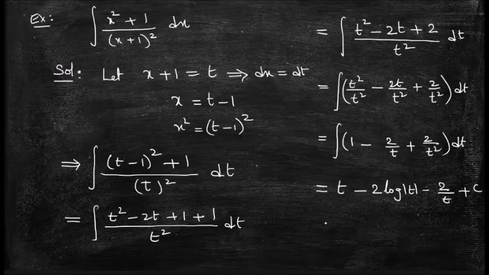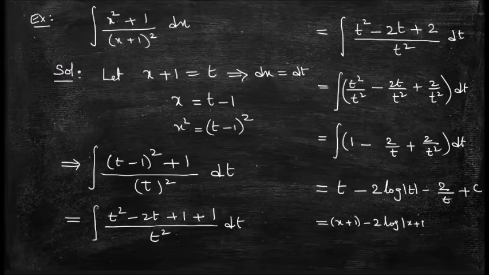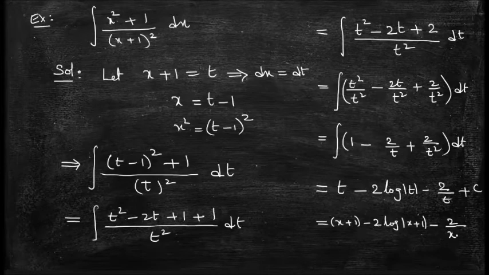But what is t? x plus 1 we have supposed. So the answer is x plus 1 minus 2 log of x plus 1 minus 2 by x plus 1 plus c. Hope you have understood this, right? One more example.